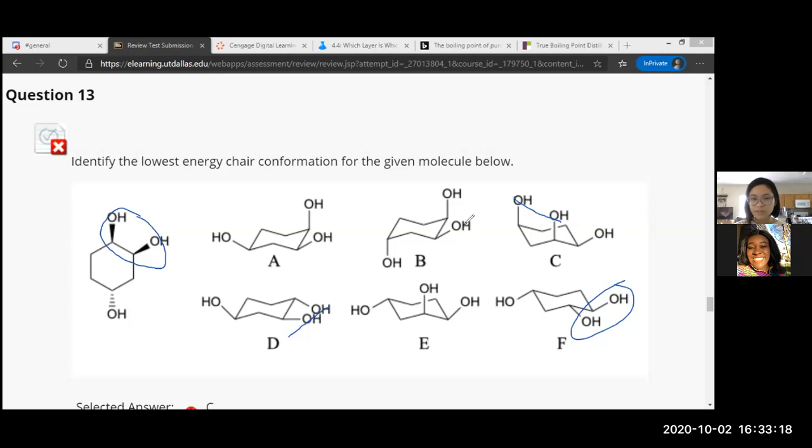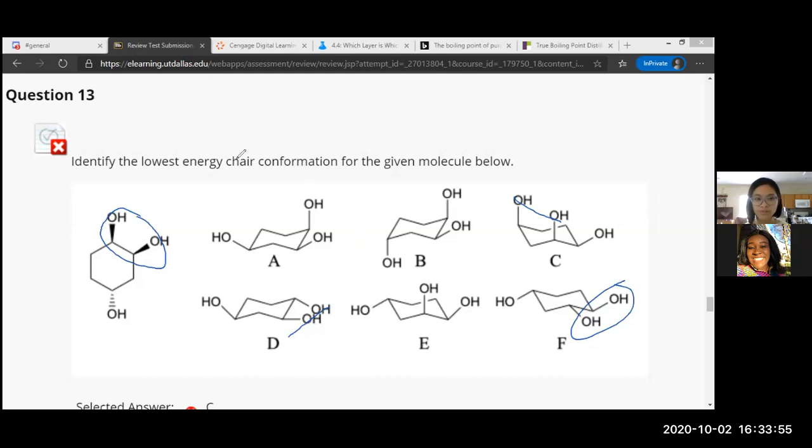And B, I could see how someone could pick B. But E overall is the best one, obviously, since that's the correct answer. It takes time to really know how to do this. But typically, whichever molecule has them farthest apart is overall the best.